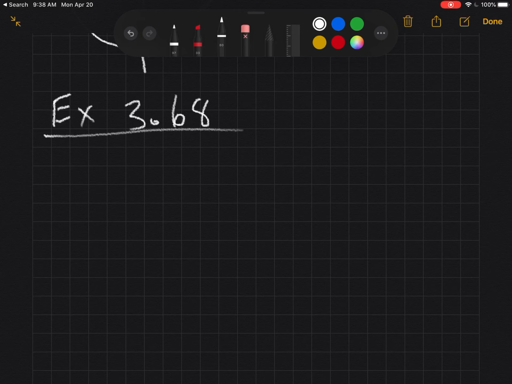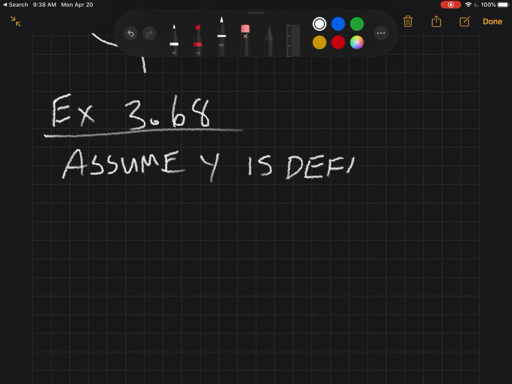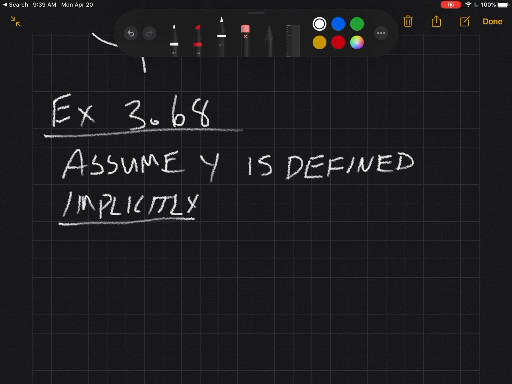So we're going to use our example of a circle. This is example 3.68 in your textbook, if you want to take a look at that. Let's write that here. Example 3.68.